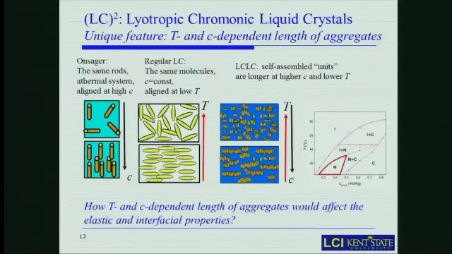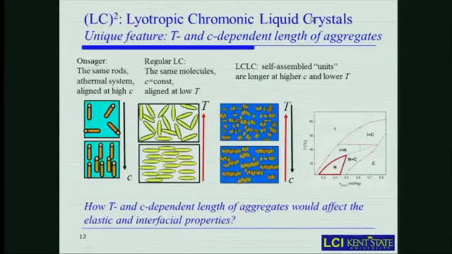So, if you just think in general terms and compare the difference between the LCLCs, or chromonics, and the rest of liquid crystals, you would realize that if you compare them with the Onsager model, in the Onsager model, the only thing that changes the phases is concentration of particles. The system is not dependent on temperature because it's just the competition of two entropy terms.